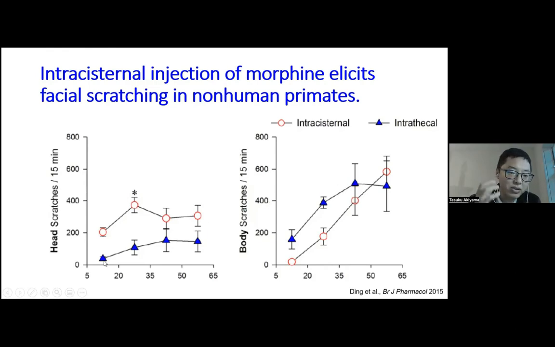But scratching of the face has a delayed onset, maybe 20 to 30 minutes later. But when they inject the morphine directly to the brain, intracisternally, they observe immediate head scratching. So this suggests the target of the morphine could be some brain region too.